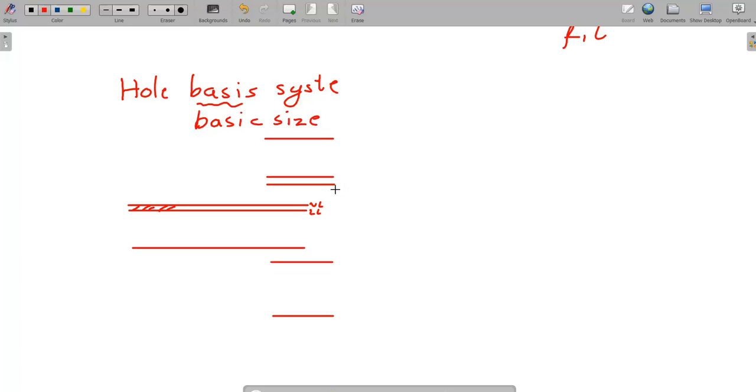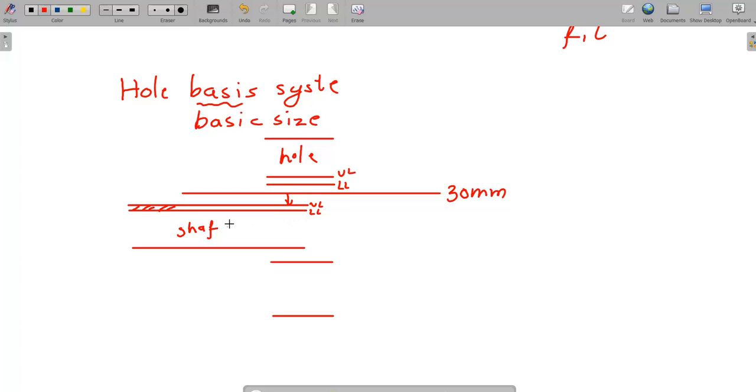Basic size will be there somewhere in between, or here also it can be there. But you have to always remember that basic size will be the same for both shaft as well as hole. So this is your hole and this is shaft. Suppose the basic size, I will just give you 30 mm. So this upper limit is below this 30 mm.